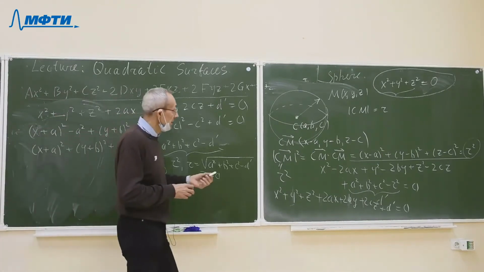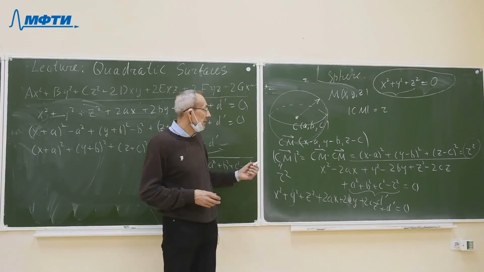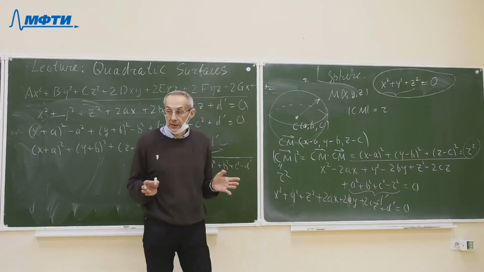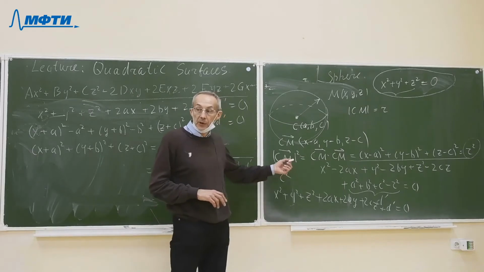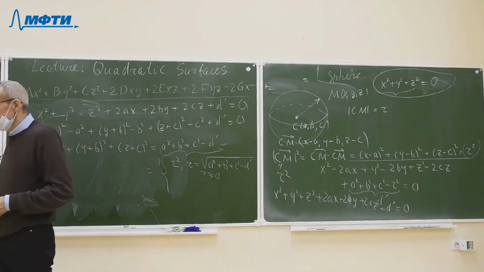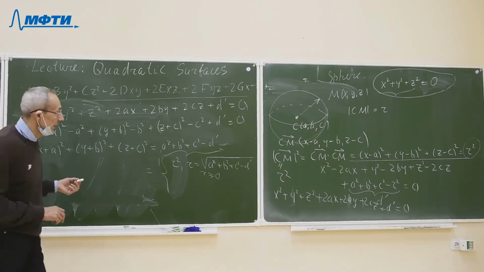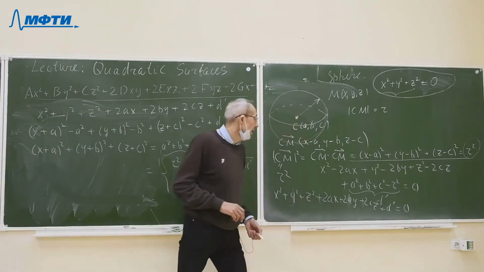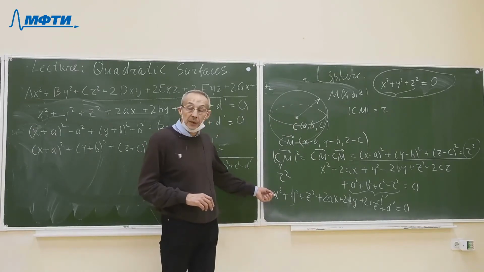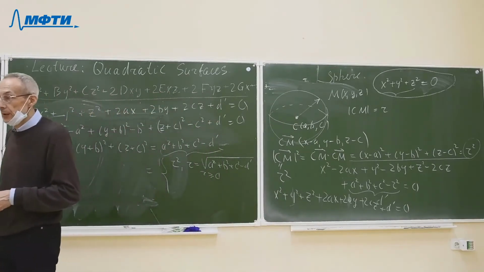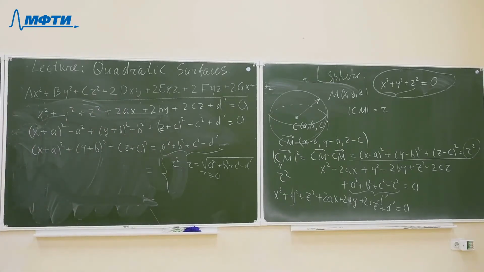The first calculation shows us that if we have a sphere in the space, we obtain the same equation which defines the sphere, and this reasoning proves the fact that an equation in this form defines the sphere in the space. Do you understand my explanation? Mm-hmm. Okay.